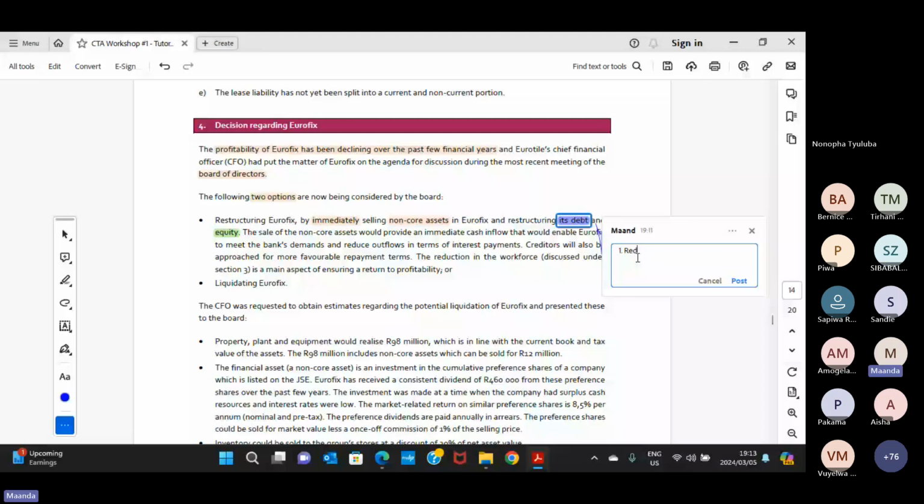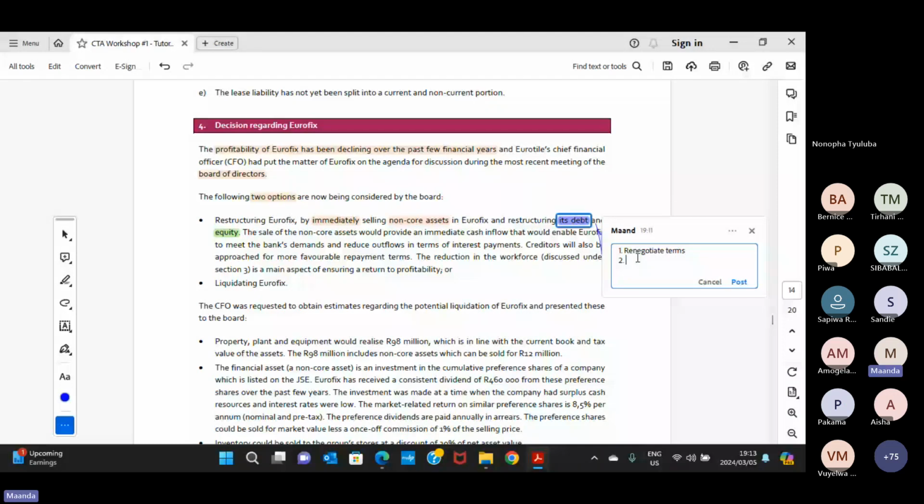So to renegotiate the terms, to be a bit in your favor. So you're saying renegotiating the terms, and then what was the second point? Maybe a reduction in terms and interest rates. Okay.